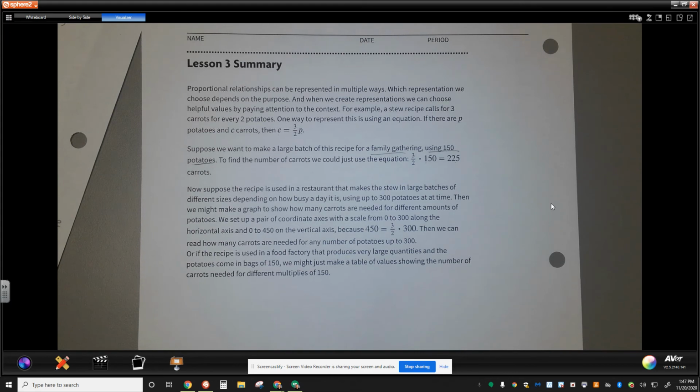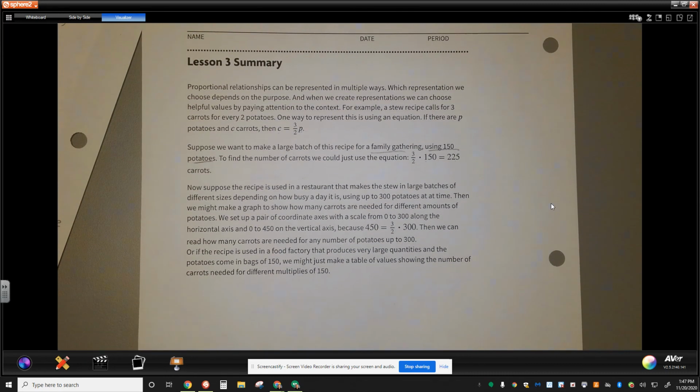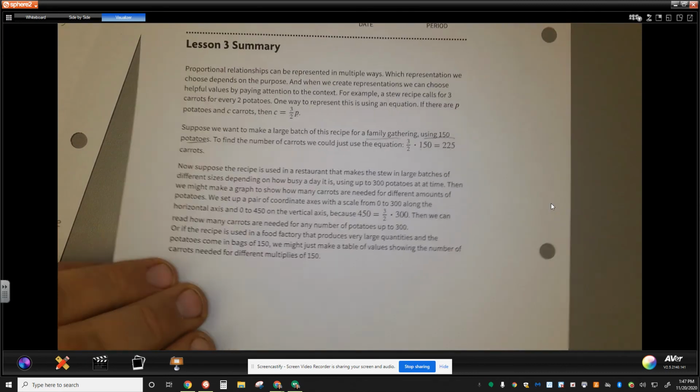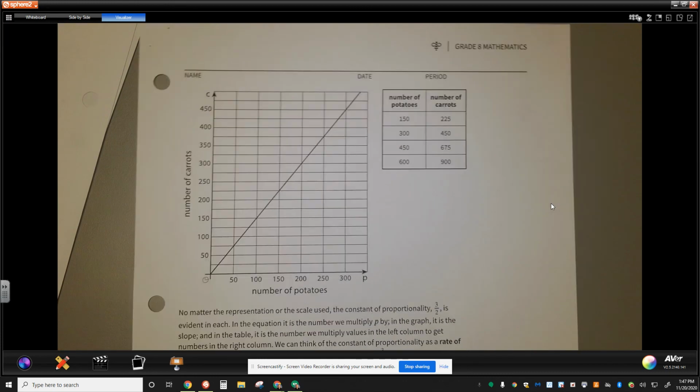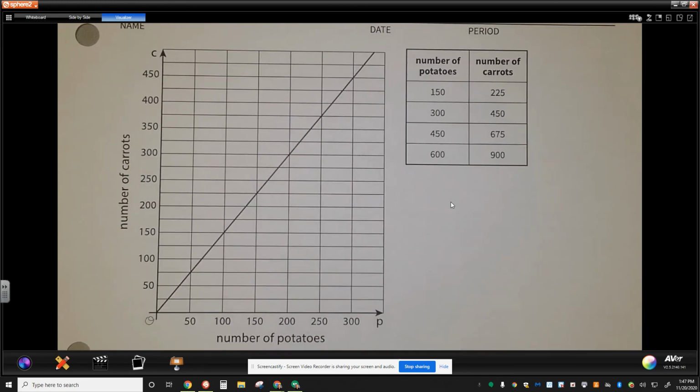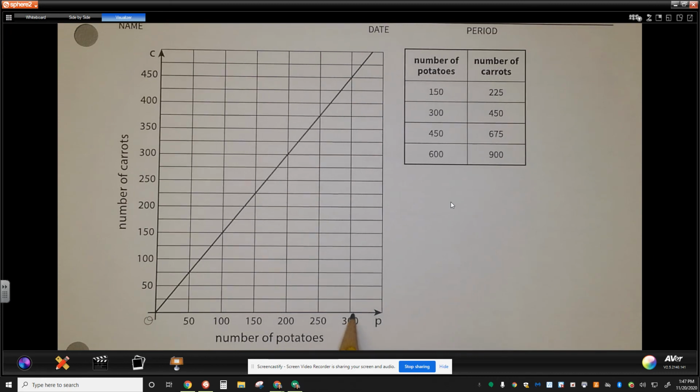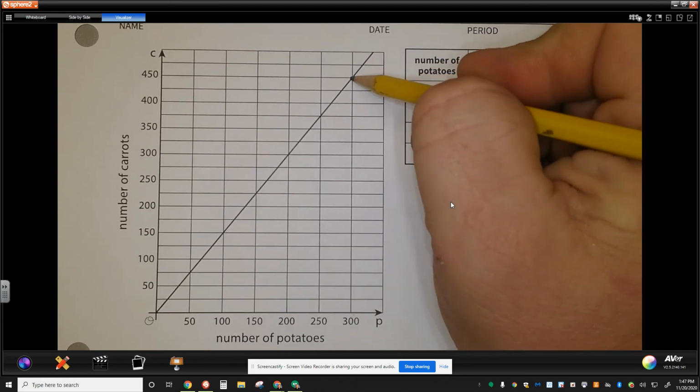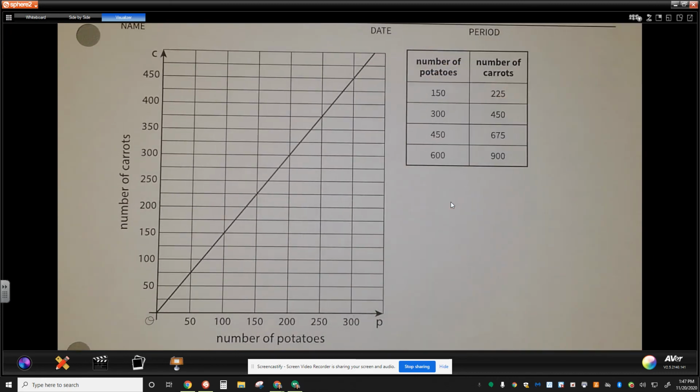Now let's talk about if we go to a restaurant and we want to make a little bit bigger batch. Those batches that we make every single time, we're going to say they use 300 potatoes at a time. Well, it might be helpful to see a graph or a table to help us quickly reference these values, so that whoever's making it doesn't have to work out an equation every time, but instead they can simply look at the graphic and say, oh, if I need 300 potatoes, that means that I need 450 carrots.